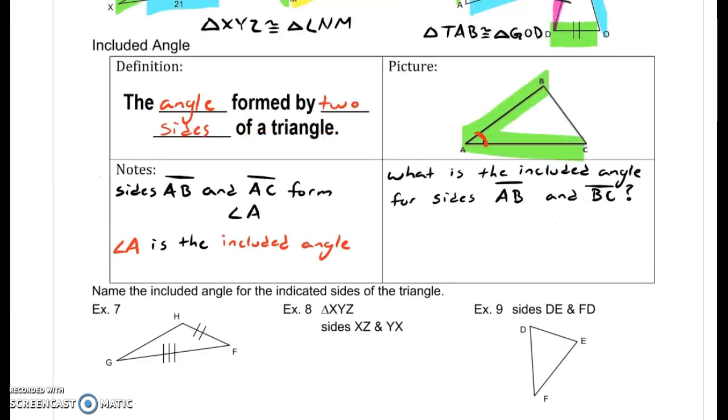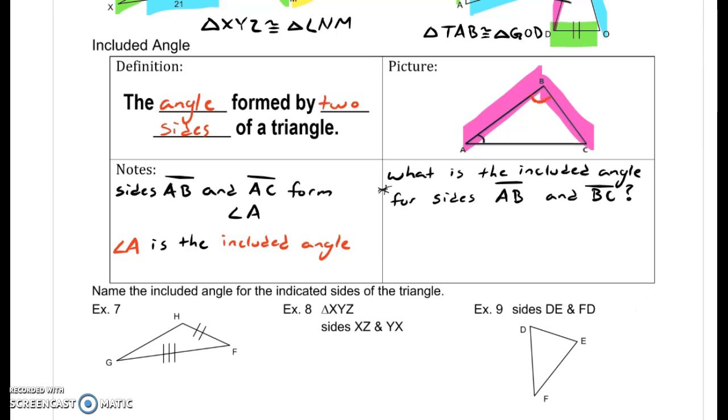So now write down the following question. It says, what is the included angle for sides AB and BC? If I re-highlight, and I've given some guidance points, AB and BC form which angle?